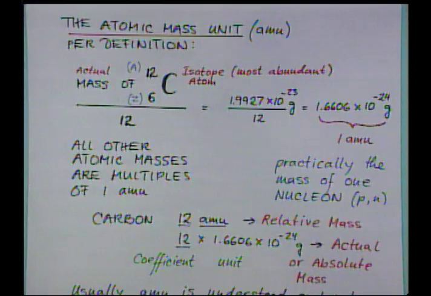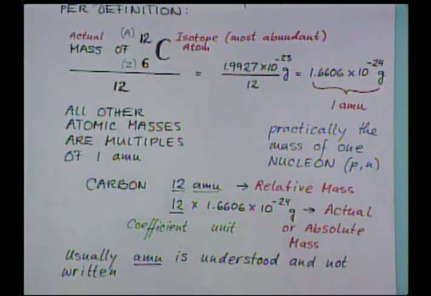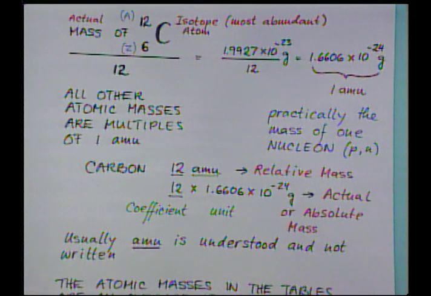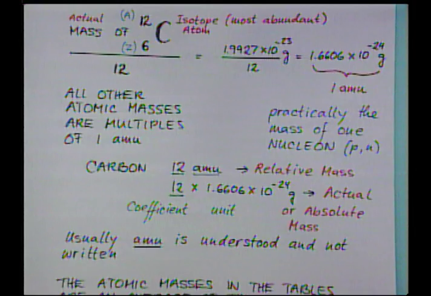And when we divide this by 12, then that number is what we call the AMU, the atomic mass unit. So the atomic mass unit stands for this mass. And we really have the unit grams. So it actually is, or practically is, the unit of one nucleon.